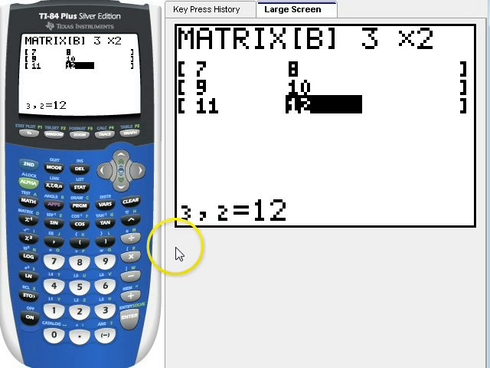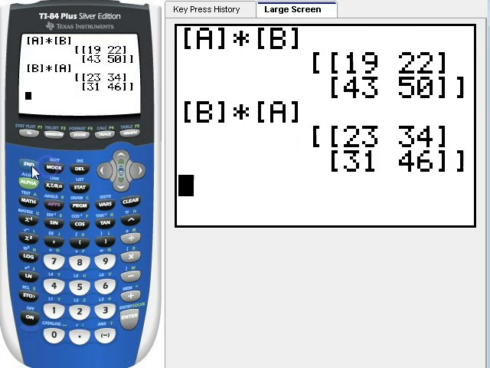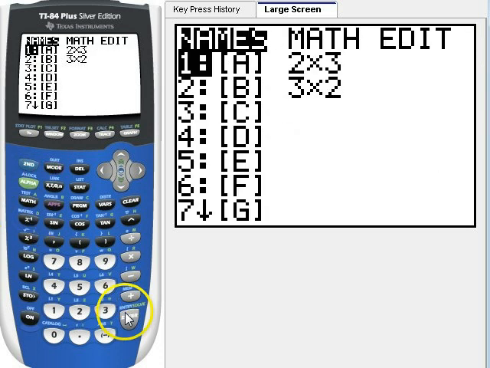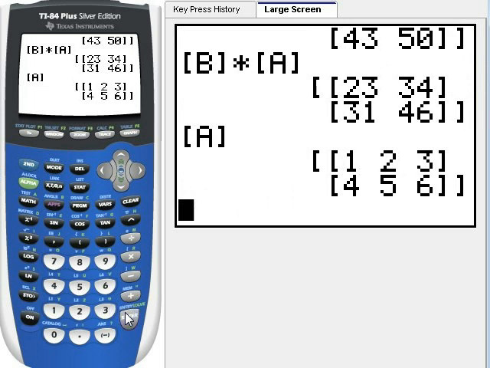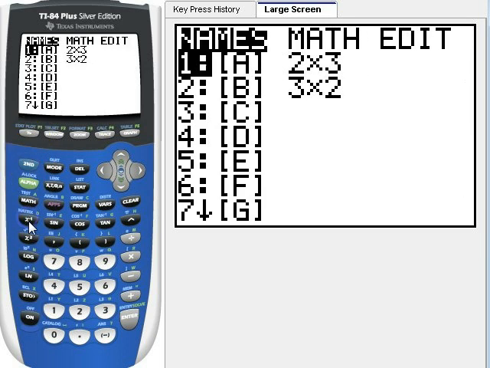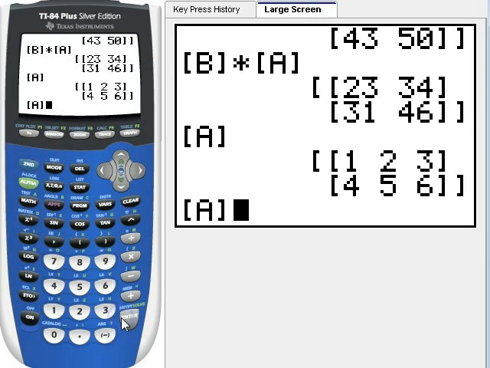So here I've got matrix B as that 7, 8, 9, 10, 11, 12, that 3 by 2 matrix, whereas matrix A is 1, 2, 3, 4, 5, 6. So let's see what happens when I multiply those together. You can do this pretty quick with just a regular calculator, pushing the buttons.